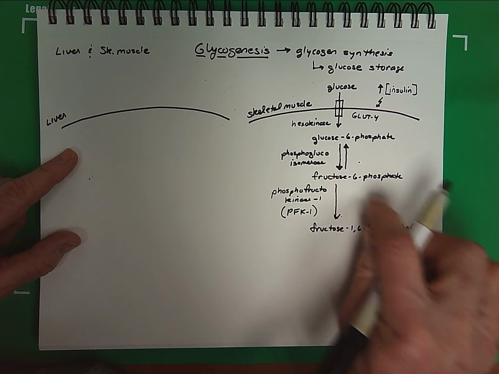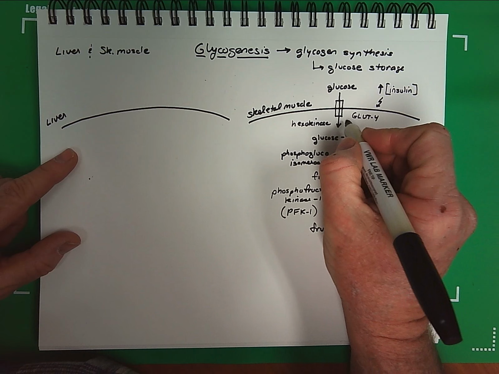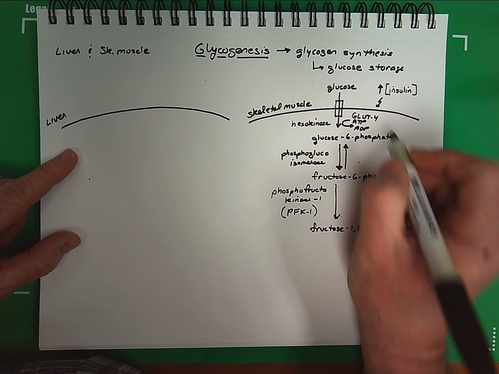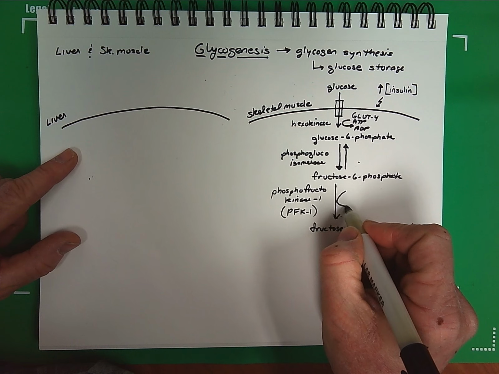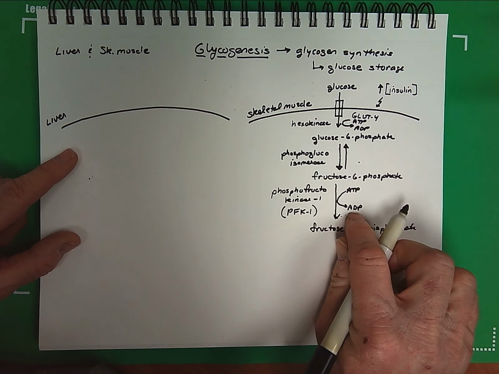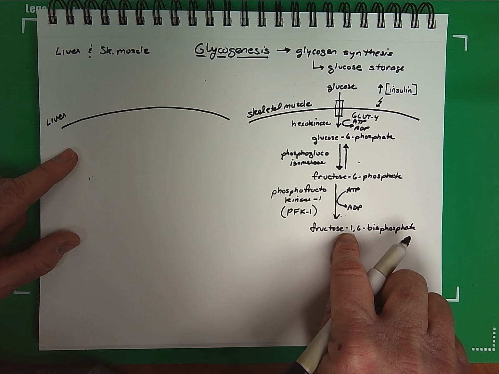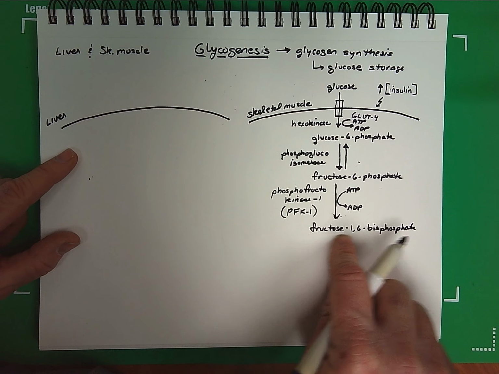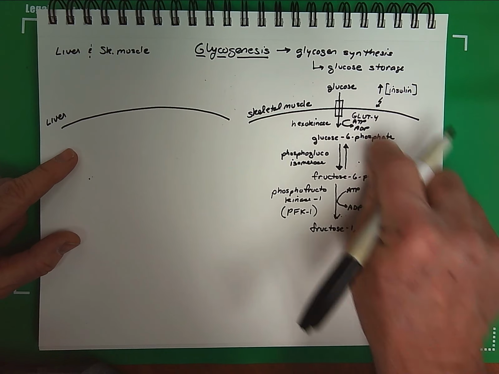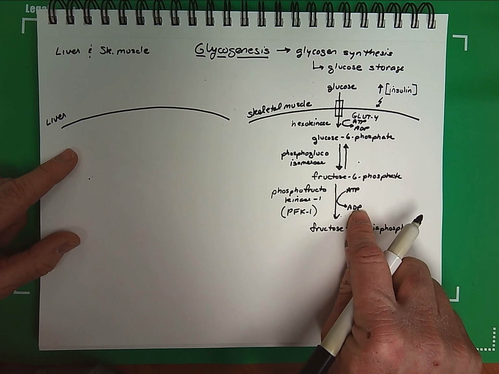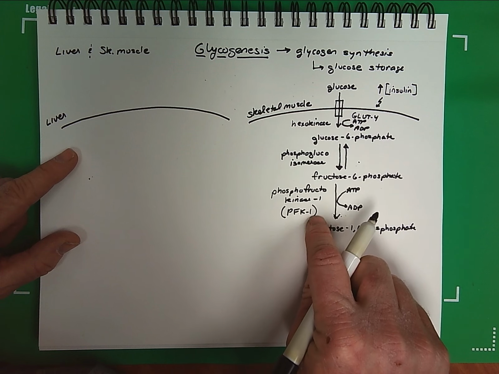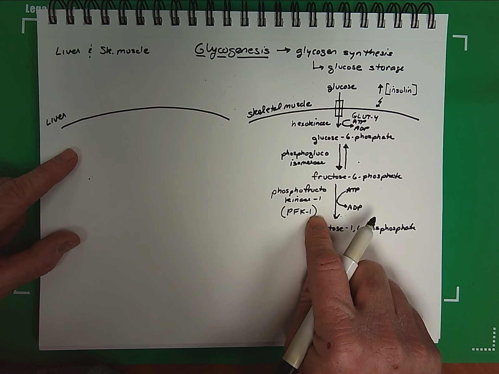Now, also recall this is another phosphorylation event, and so like this reaction of hexokinase, this is going to be using a molecule of ATP. This ATP is providing the energy to phosphorylate the number 1 carbon on fructose to give us fructose 1,6-bisphosphate. Because these two steps require ATP to provide a large free energy change, these two steps, the hexokinase and PFK1 steps, are irreversible.